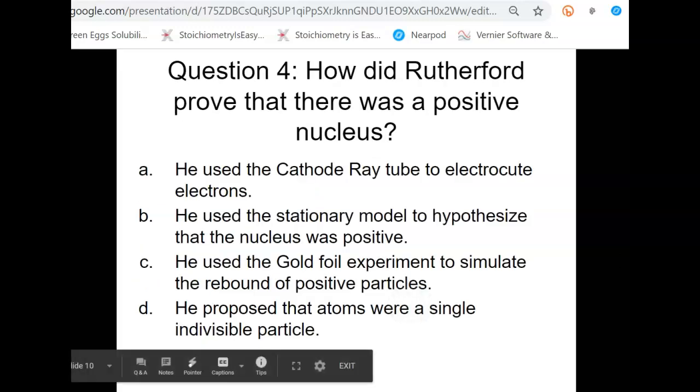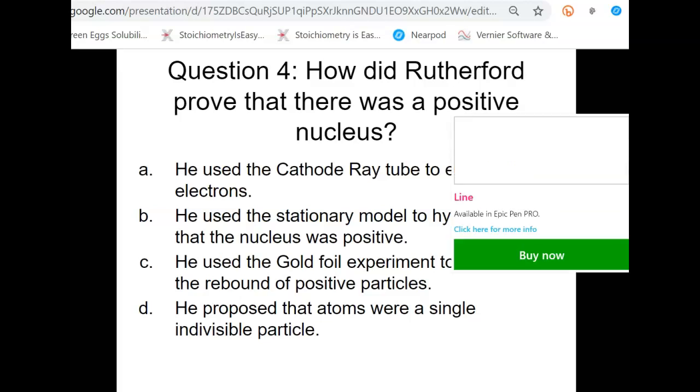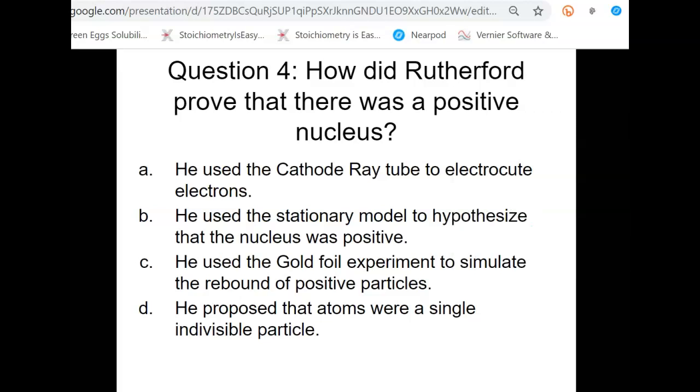All right, let's take a look next. How about this one? How did Rutherford prove that there was a positive nucleus? Hopefully you've been able to figure this one out. Let's make sure that we can also figure this one out. The cathode ray tube, that was Thompson, so not Rutherford.